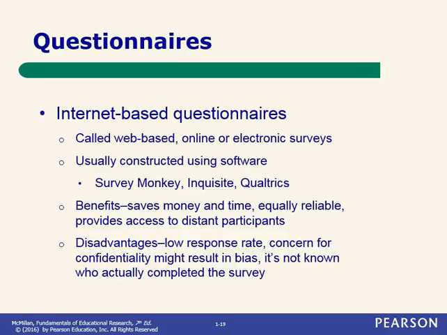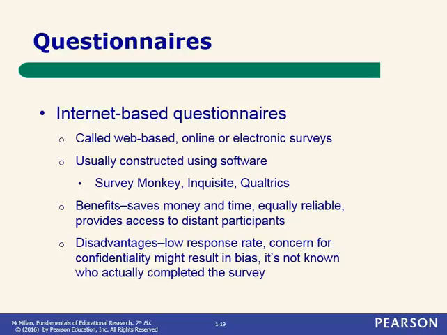When it comes to administering questionnaires, the internet has become a very useful tool to help us administer surveys. And you might see them referenced as web-based, online, or electronic surveys. And you've probably received a survey request from SurveyMonkey, maybe Inquisit, or possibly Qualtrics. One of the benefits of using an online approach to survey administration is that it saves time and money.